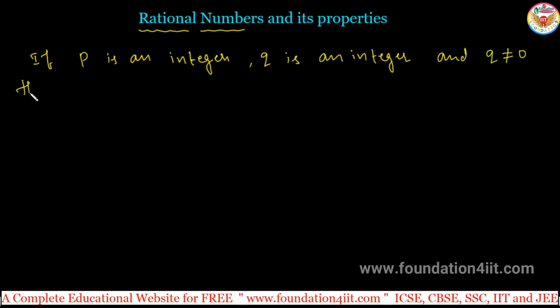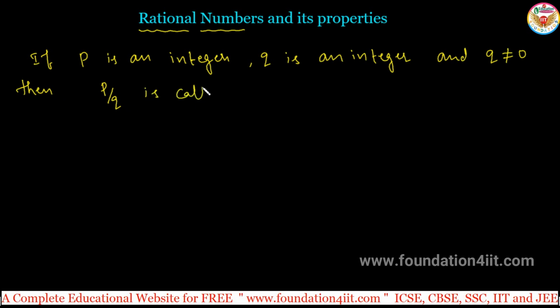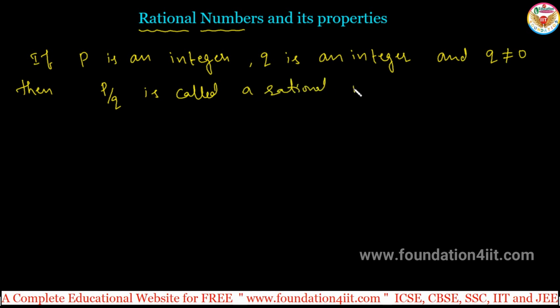Then a number of the form p by q is called a rational number. This way we can define it. So this is the definition of rational numbers.